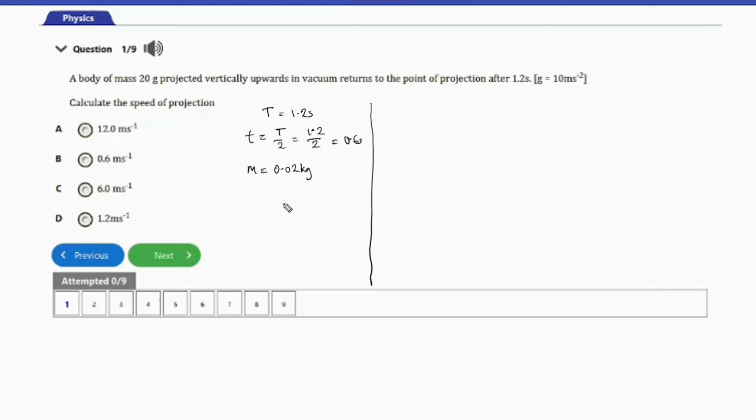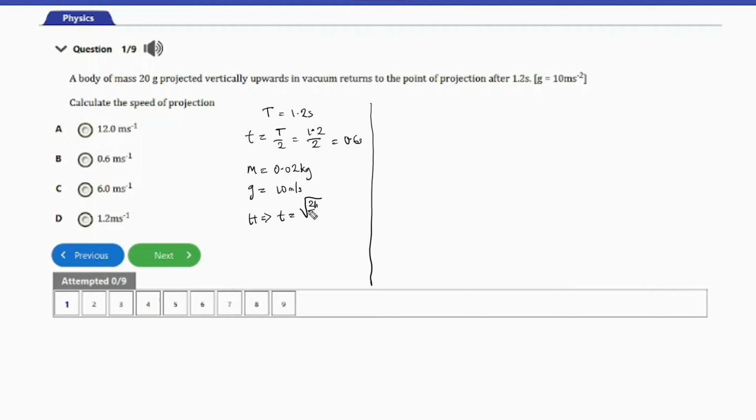We also have the acceleration due to gravity here as 10 meters per second squared. If we want to find the maximum height of this projection, we're going to use the formula T is equal to root 2h over g.